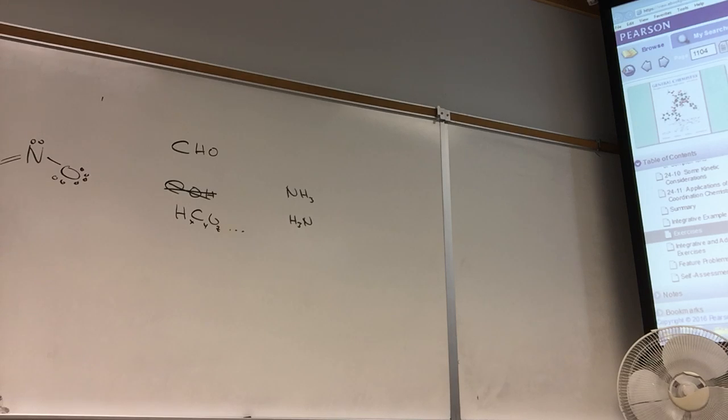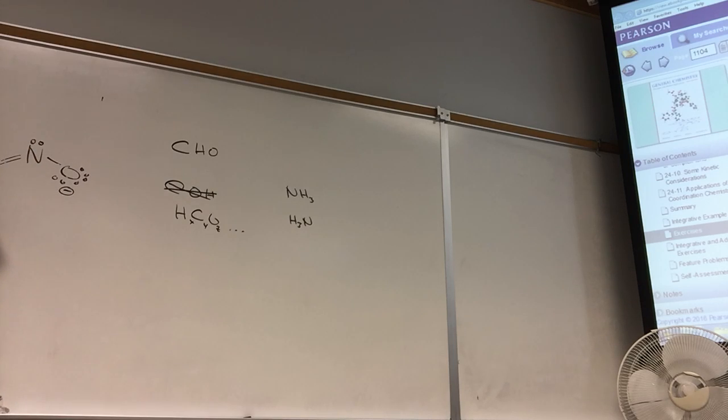Let's see, how many electrons does this have? 2, 4, 6, 8, 10, 12, 14, 16, 17. Okay, this is nitrogen dioxide, but it's the nitrite ion. Well, nitrite ion has two potential donors. It could be an oxygen donor, or it could be a nitrogen donor.